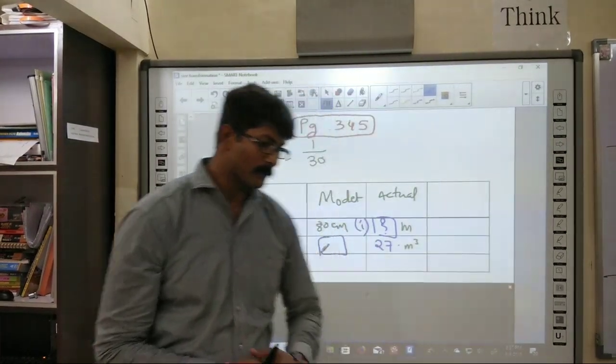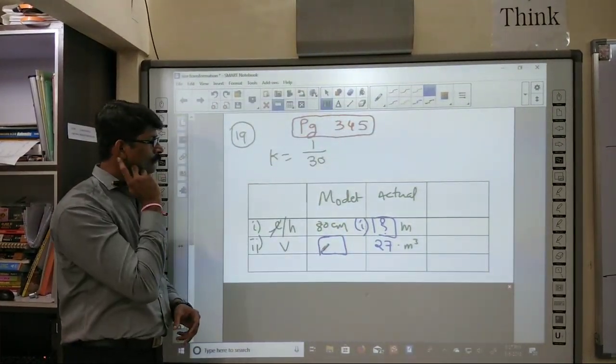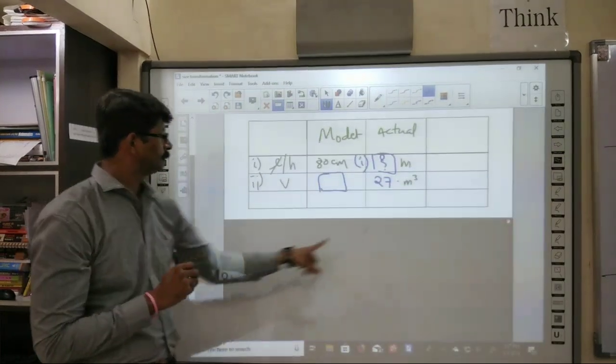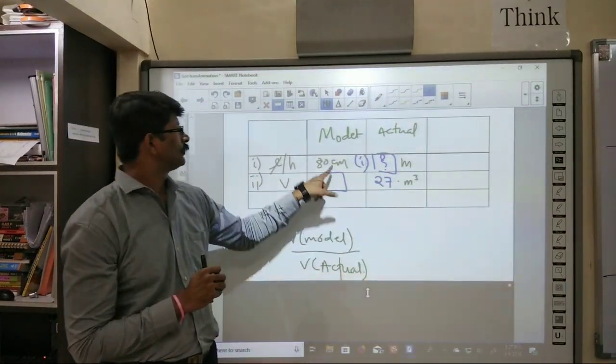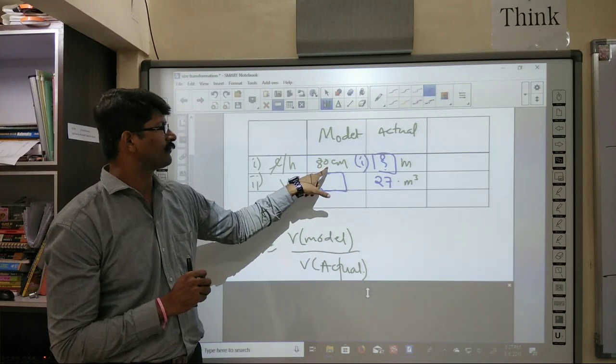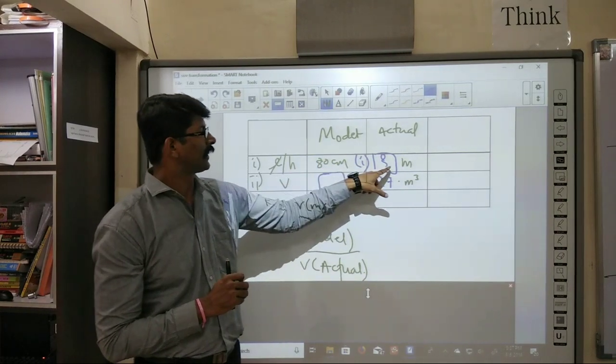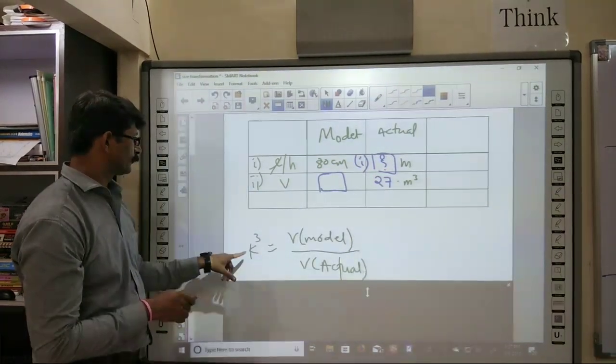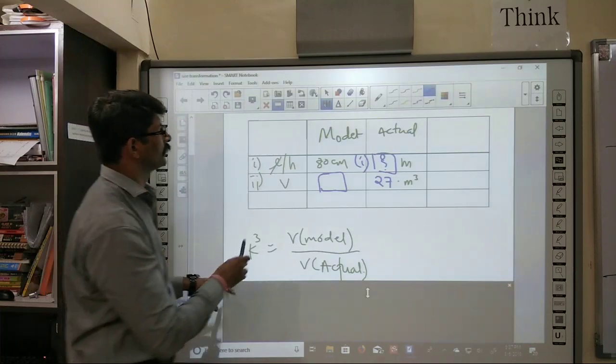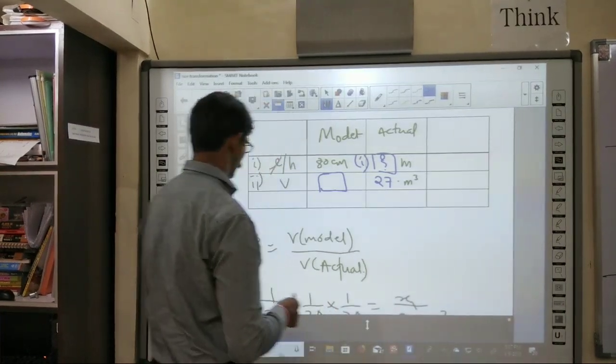There are only two parts. So, how exactly are we going to do this sum? Since the height of the model is given, and we're going to calculate the actual length, we will use the formula.